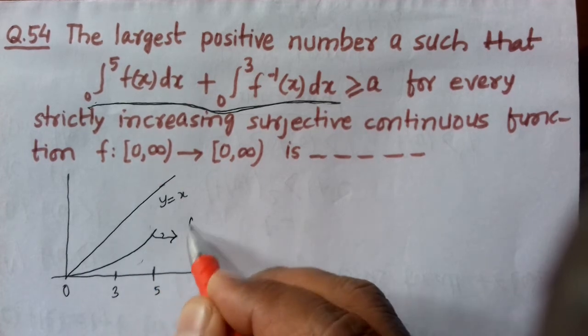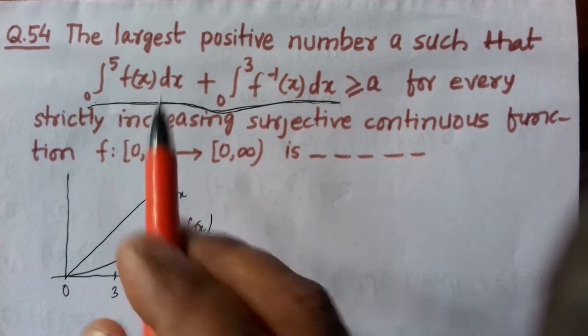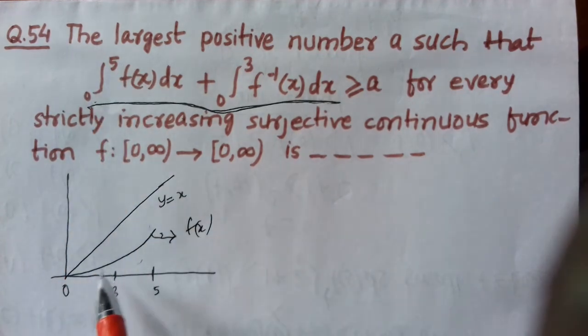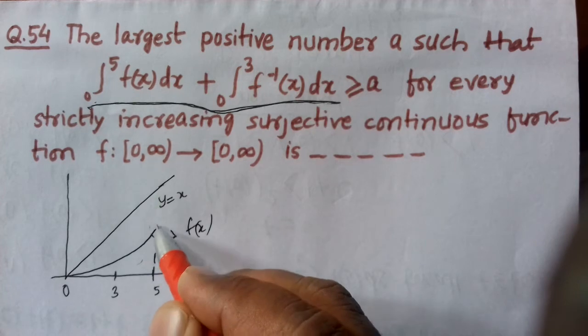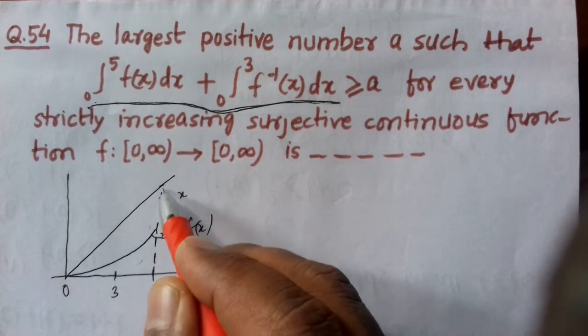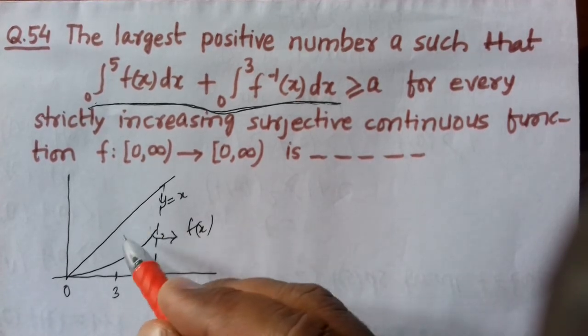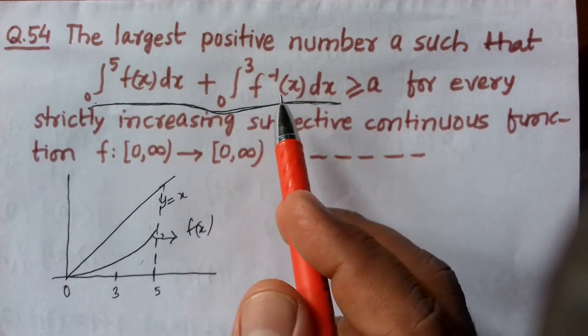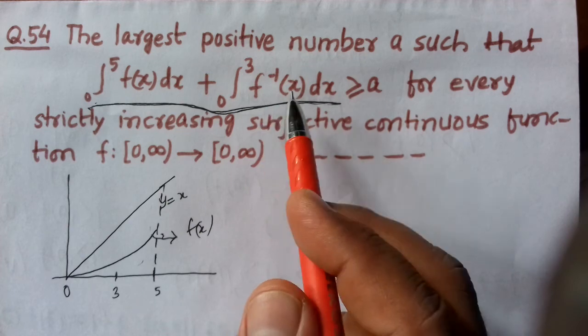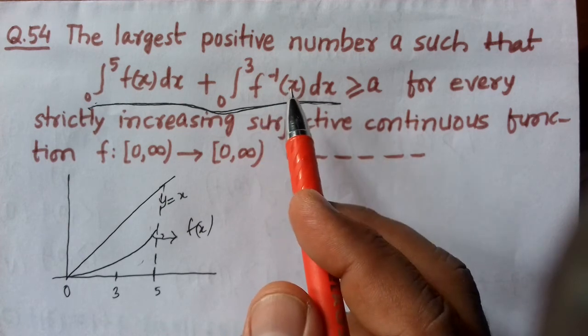This line is f(x), and you see this is from 0 to 5, so I have drawn from 0 to 5. And here you can draw a vertical line that goes to y equals x. Now the second integration, you see here, is the integration of its inverse.